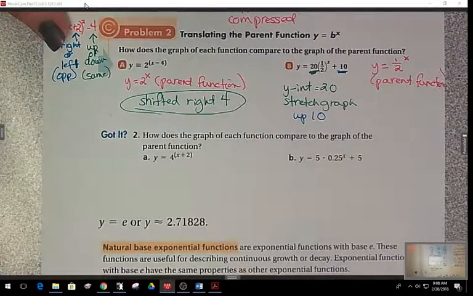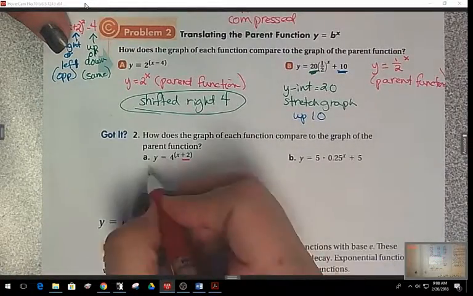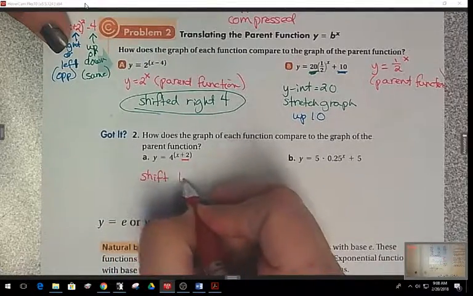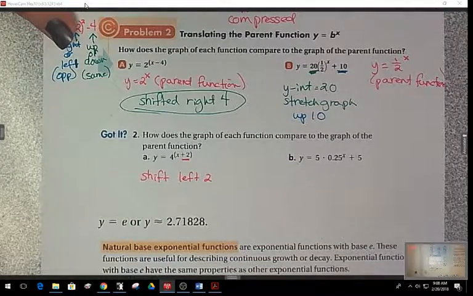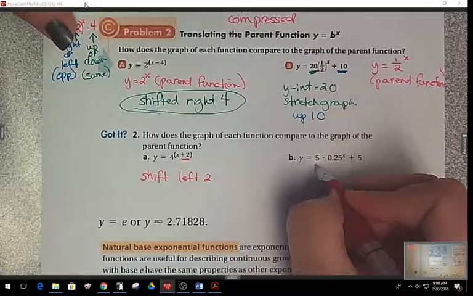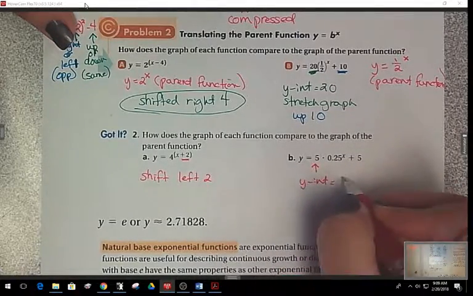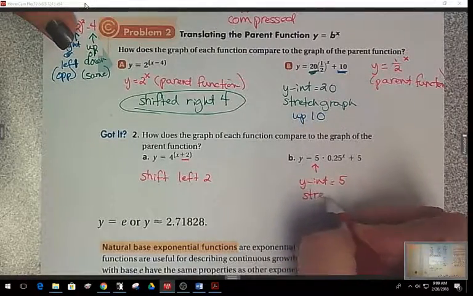All right, so the guided question 2A. This plus 2 is going to make my graph shift left 2. For part B, this 5 makes the y-intercept equal to 5, and this graph is going to be stretched.